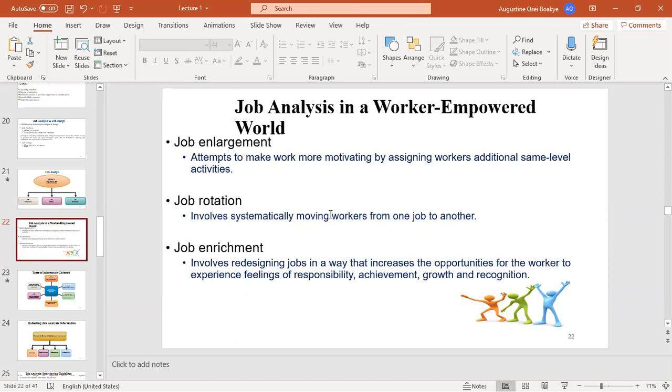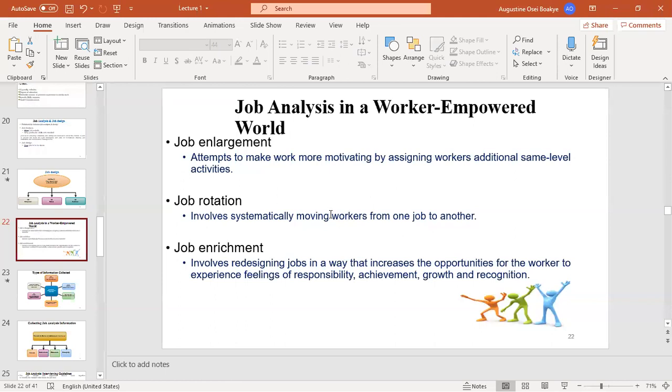Now, another name for job enlargement is what we call horizontal loading. Should I repeat myself? Another name for job enlargement is what we call horizontal loading. It is called horizontal loading because the additional tasks that will be added to an existing job are all found at the same level, which is the horizontal level.